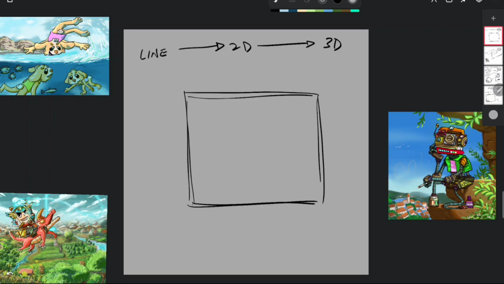Consider your canvas, your page, your paper, your screen as a window. It's like you are looking at a mirror, but this mirror does not reflect. It's an open world, and you are trying to create things in this open world. And there are some things to consider for 3D.